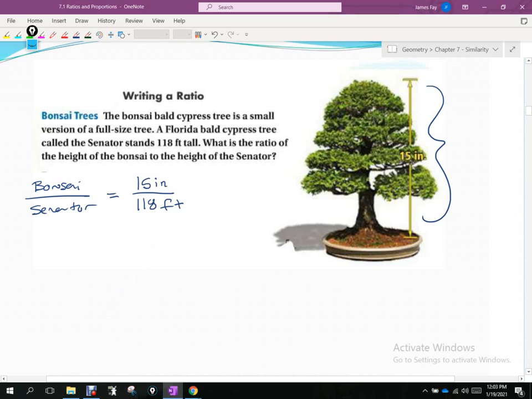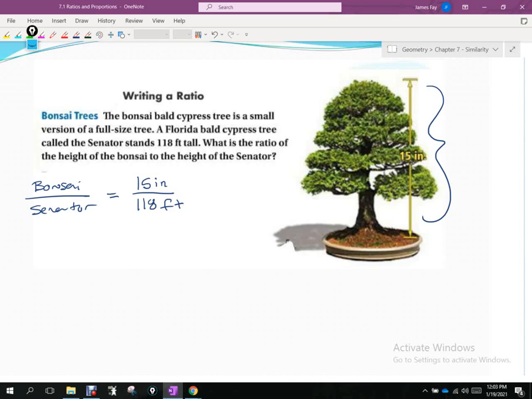Now, we have a problem with that because the units are different, right? When they're different, we want to look at them and say, is there a link between one and the other? Because it's inches and feet, there is a link, and that link is a two-way street. So you can change your feet into inches, or you can change inches into feet.